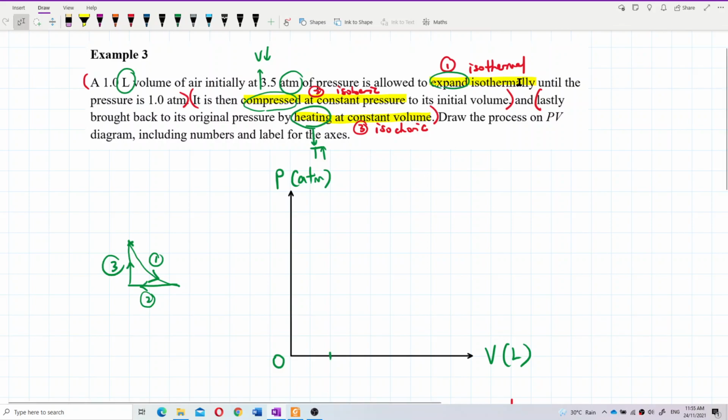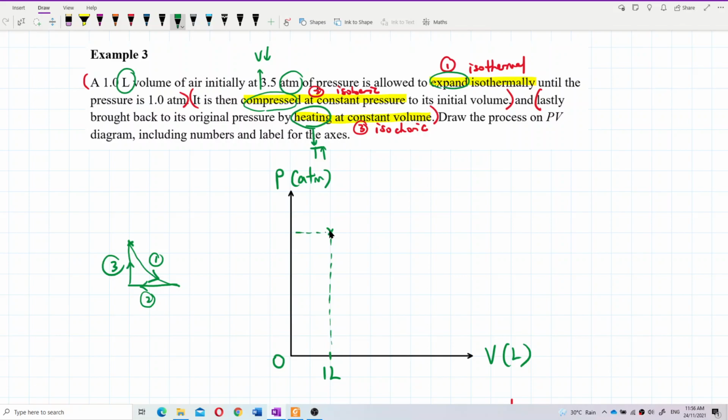Initial volume expands, then compresses, then expands. He didn't say which, but never mind. This is 1 liter. Start from here. Maybe I just plot it first around here.